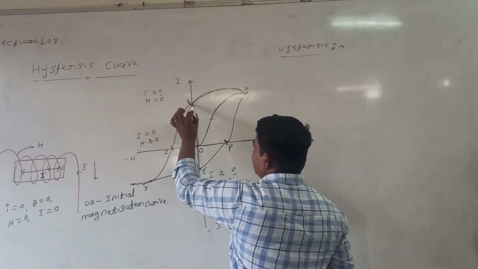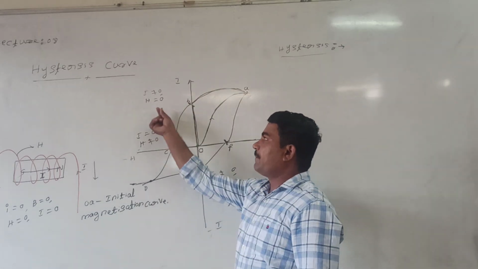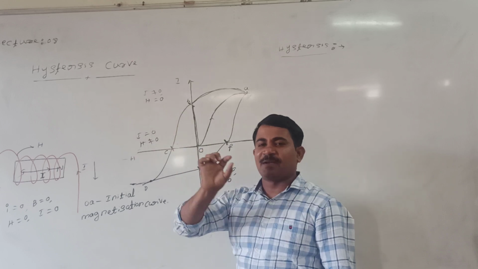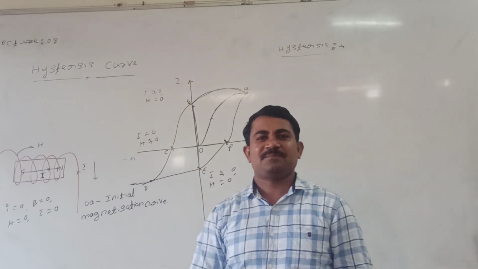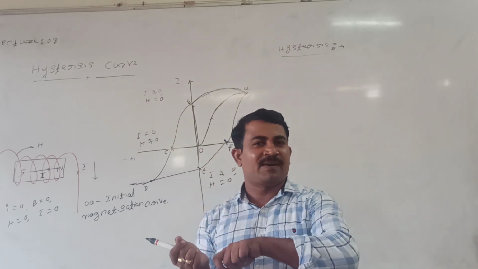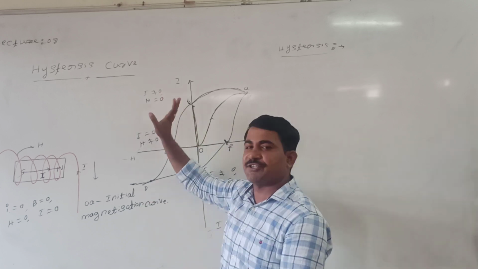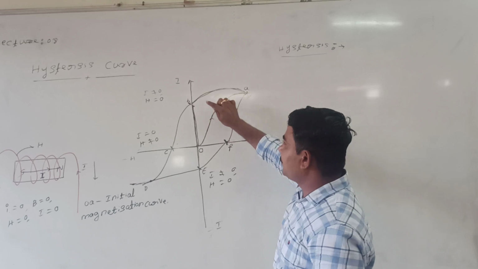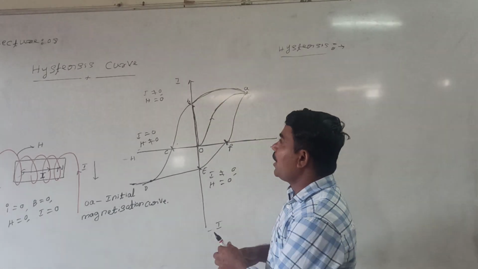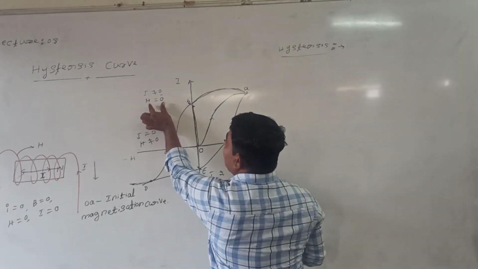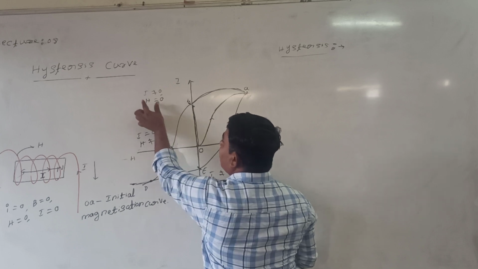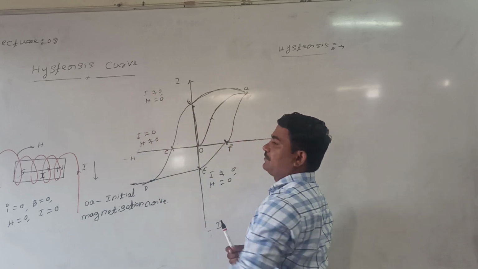At point B, magnetic intensity is 0, but magnetization is never 0. So at this point, even in the absence of an external magnetic field, magnetization exists.